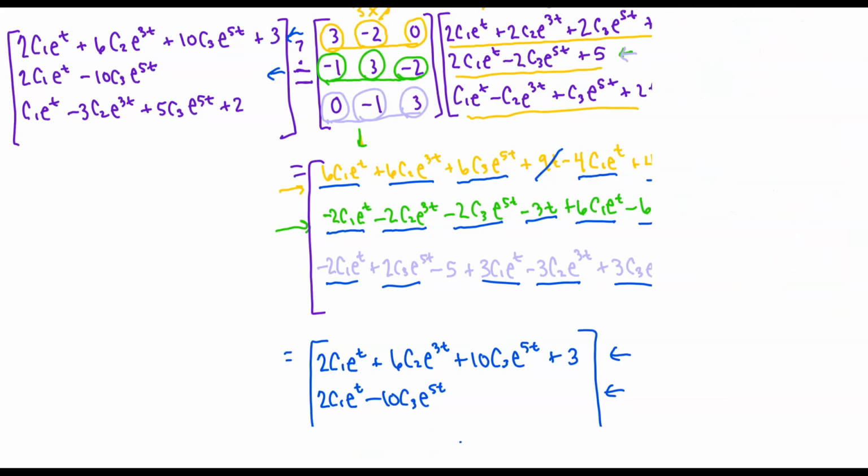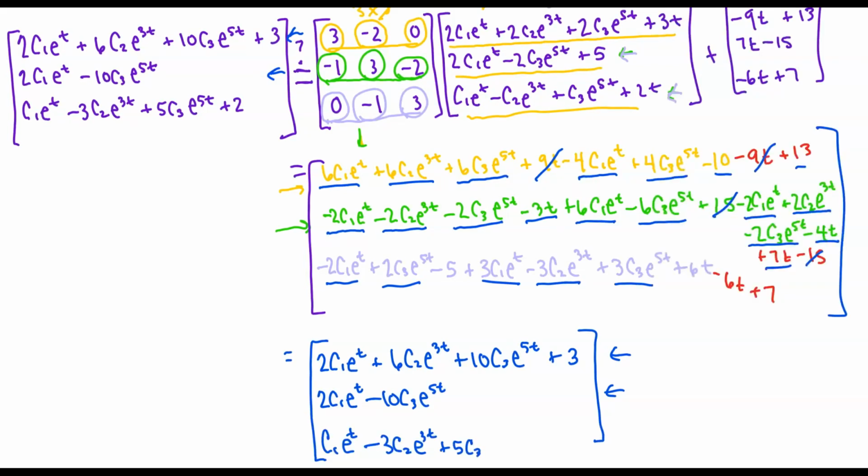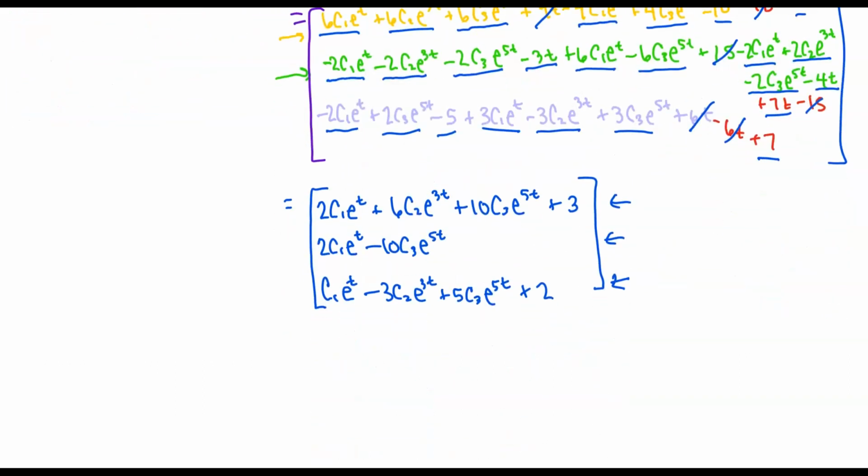That gives us 5c3 e to the 5t. And the variable terms cancel, and we have minus 5 plus 7, which is plus 2. So this matches this. We can say, therefore, x bar is the general solution to the system.